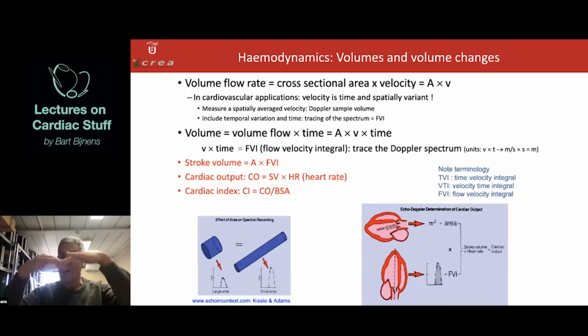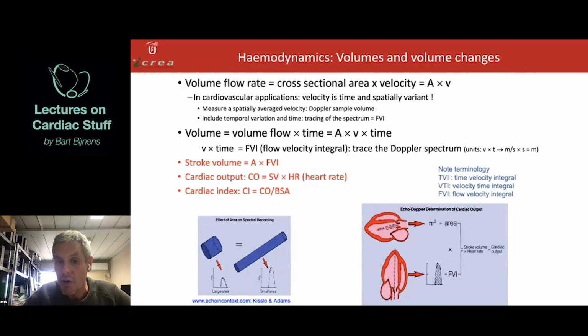It's also changing dynamically during the cardiac cycle and during the filling, partially because of this ring motion that we have. But as I said before, in clinical practice, we're going to simplify this. So a very simple way is we measure the diameter of the valve, we calculate the area, we measure the flow velocity integral, and by multiplying these, we have somehow the cardiac output.